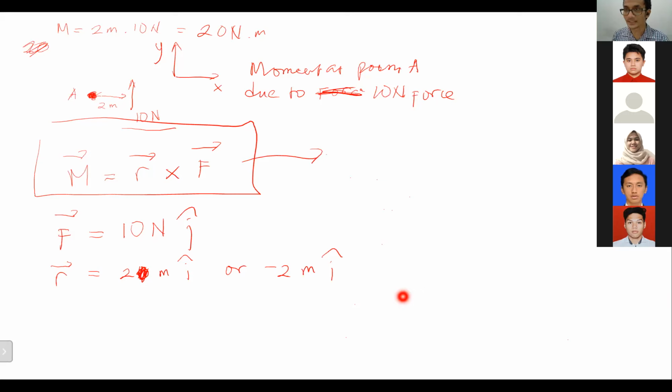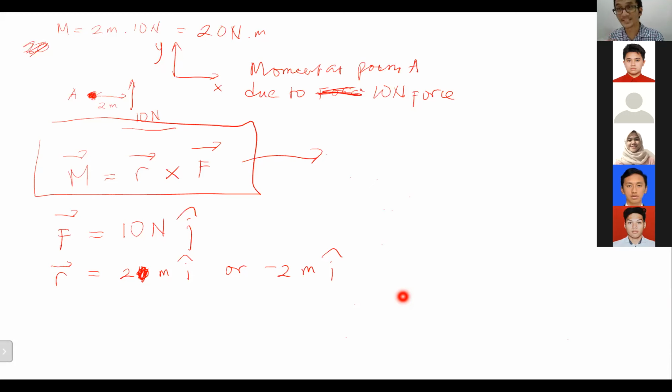Here, because it's a distance vector, it's a vector which represents the distance from, please listen to me carefully, from the center of rotation, which is A at this particular point, to the force.